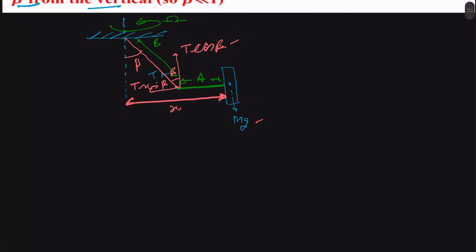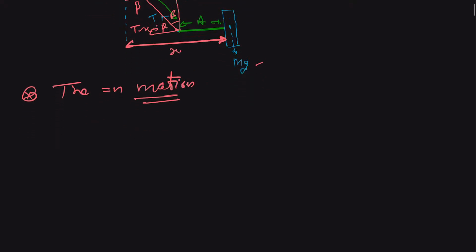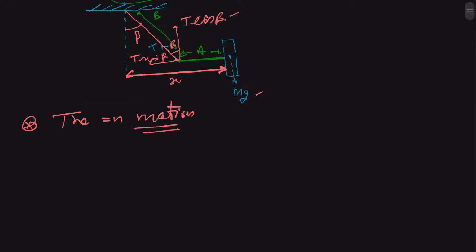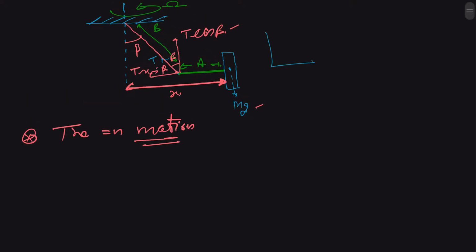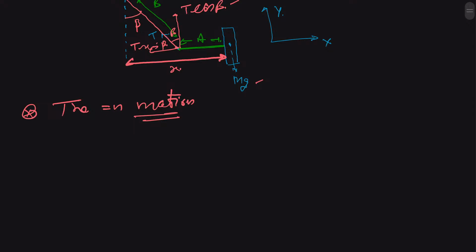Therefore we can write the linear equations of motion. The first equation of motion is along the y-axis. So we have the x-axis and the y-axis, and for the y-axis we can write that T cos of beta minus mg will be equal to 0.